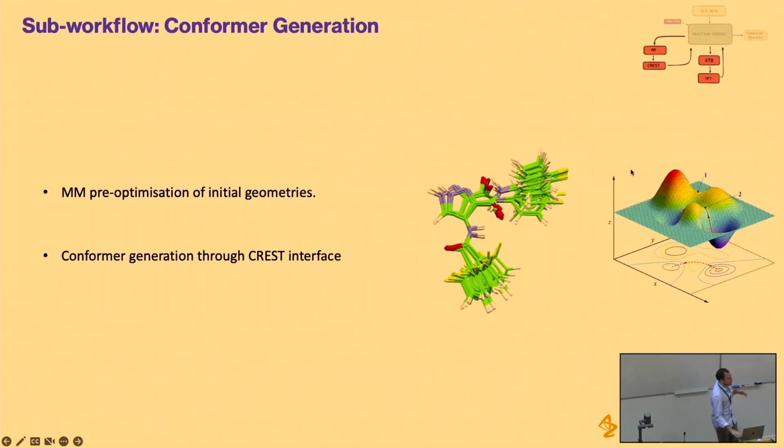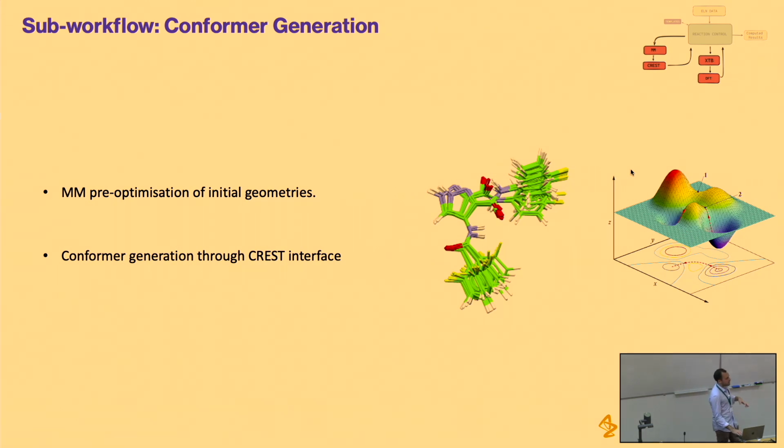This then goes to the conformer generation sub-workflow. As I said before, the geometry that comes out of the initial step is still very crude, because there's literally no knowledge about chemistry.